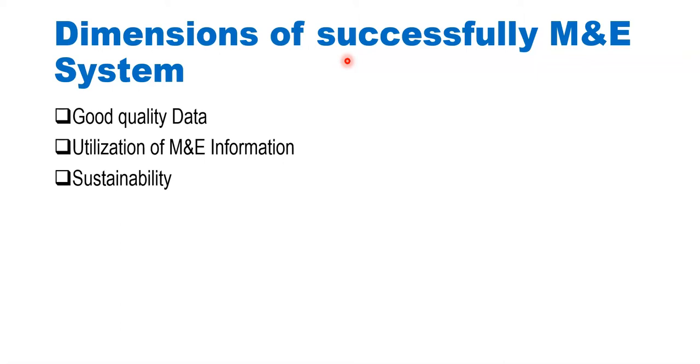And for the system to be sustainable, we should make sure that we use the existing system to penetrate our M&E issues rather than coming up with a new system. Normally, new systems don't work. We need to anchor on the existing system, so that using the same system, we come up with our M&E concepts or system in our public institutions.